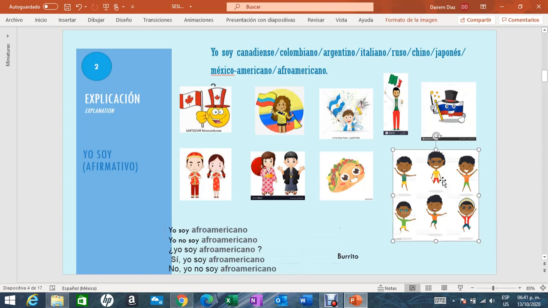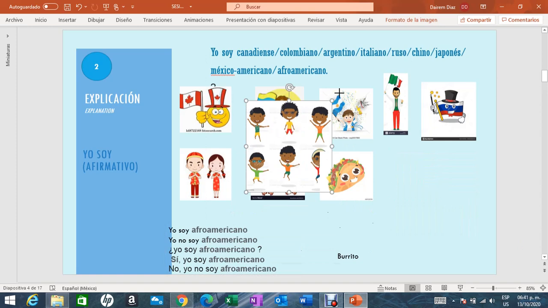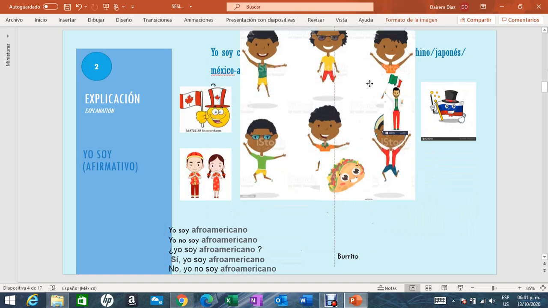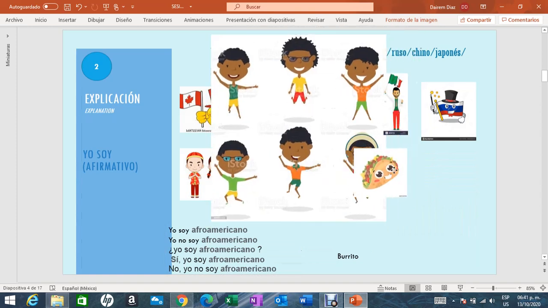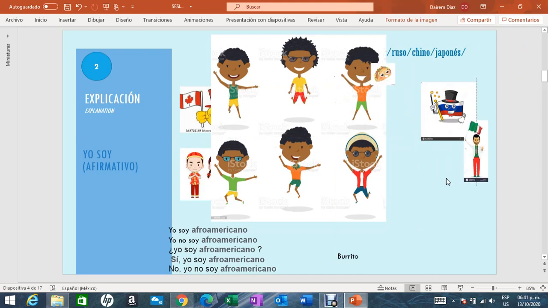So let's see what vocabulary we can get from here. Let's put it in here. One of them will be eating a burrito. Let me make it smaller. Okay, here you are. Eat your burrito. And then we have, for example, glasses.